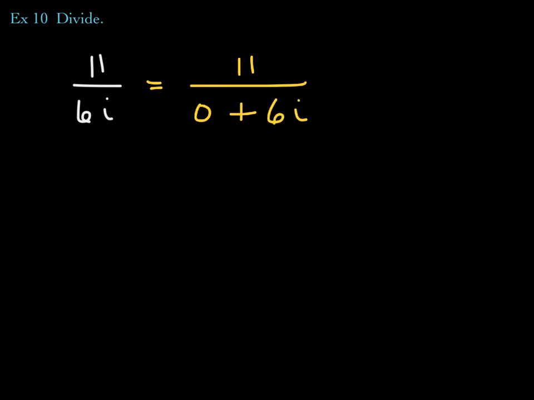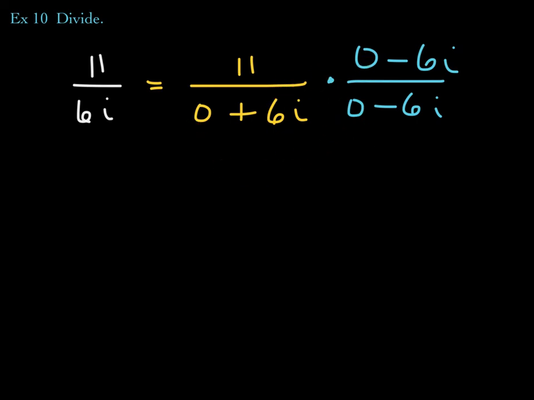Now that's important to see because now we multiply by the conjugate of the denominator. The conjugate of the denominator is just 0 minus 6i, right, everybody? Now, for me, I feel like there are too many zeros here. So I'm going to do all of this work right here, but I'm going to drop all of these zeros. I don't need them.